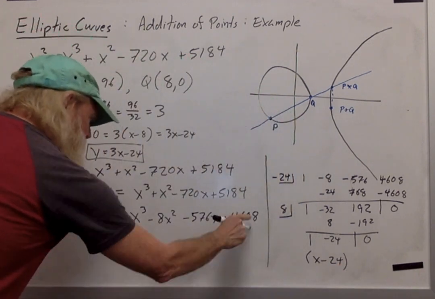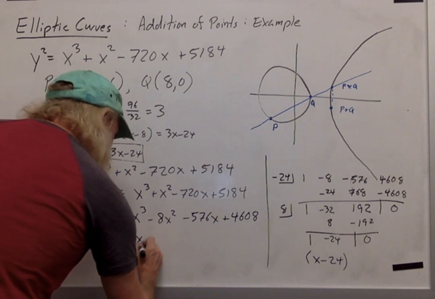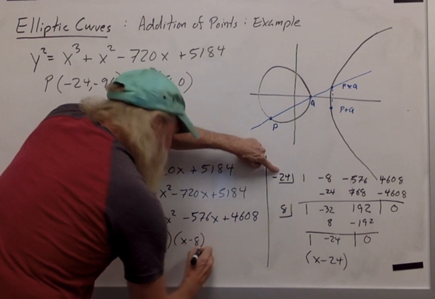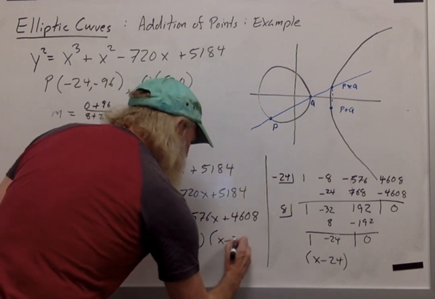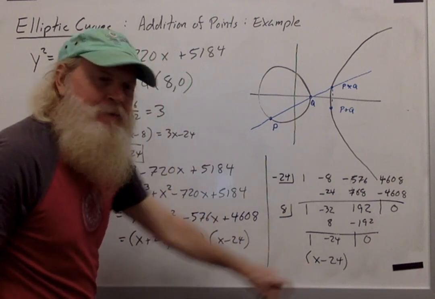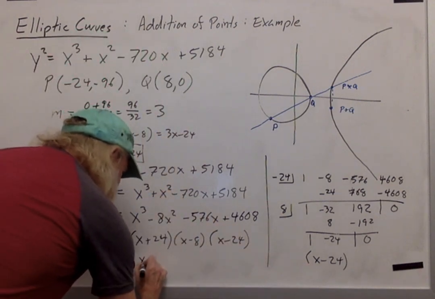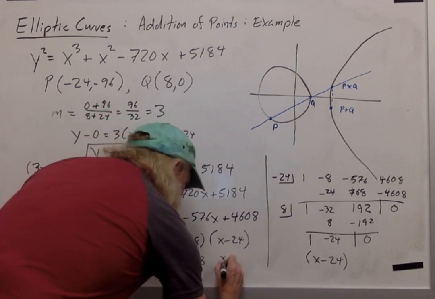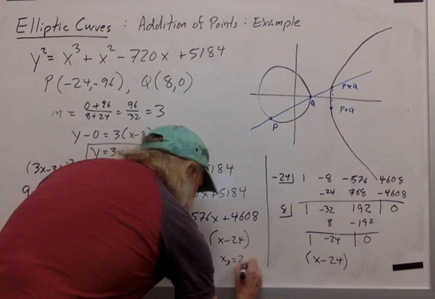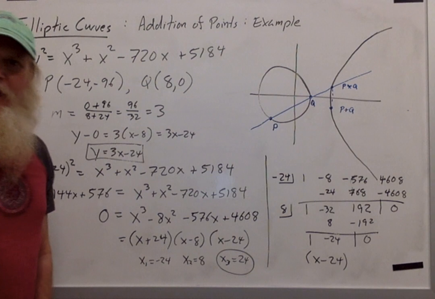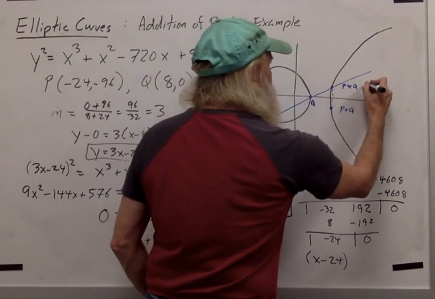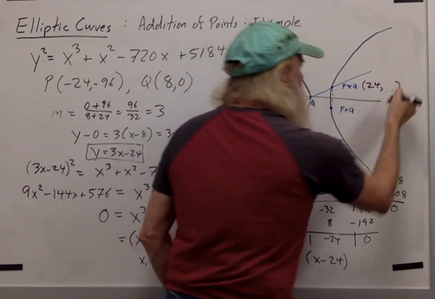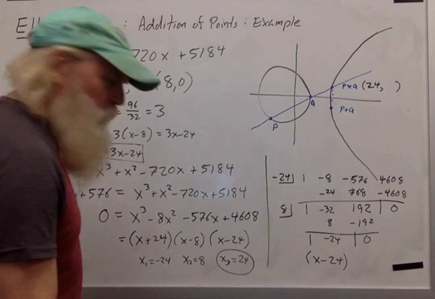So in other words, this polynomial factors as x plus 24 from here, x minus 8 from here, and x minus 24 from down here, giving us the three solutions. x1 is negative 24, x2 is 8, and x3 is positive 24. And this is the one that we want. So for P star Q, the x-coordinate is 24.